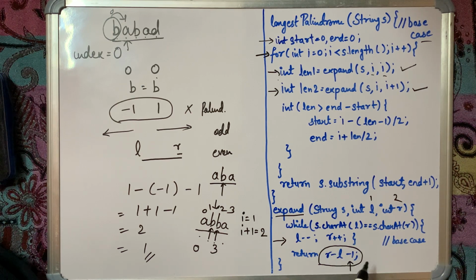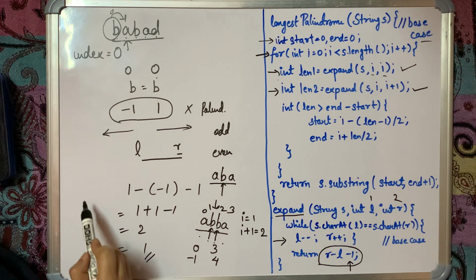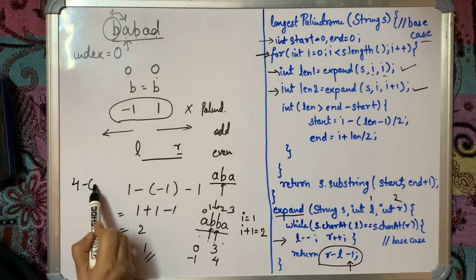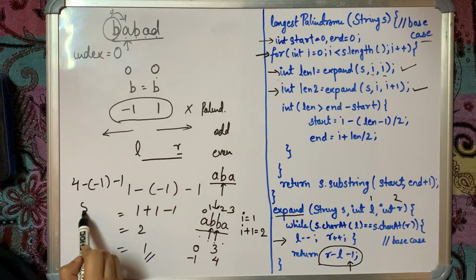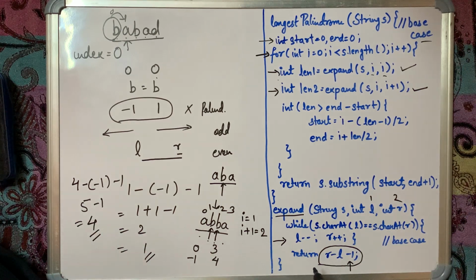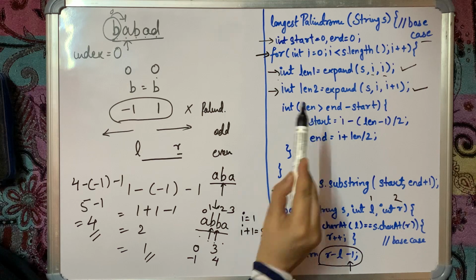Then you check again, these are equal, yes. Then you again perform, which is -1, and this is your 4. But again you will check your base case, and this is not possible, so you will exit from the loop. When you exit, you do 4 minus -1, which is 5, minus 1 is 4. So the length which you return is 4, which comes here.